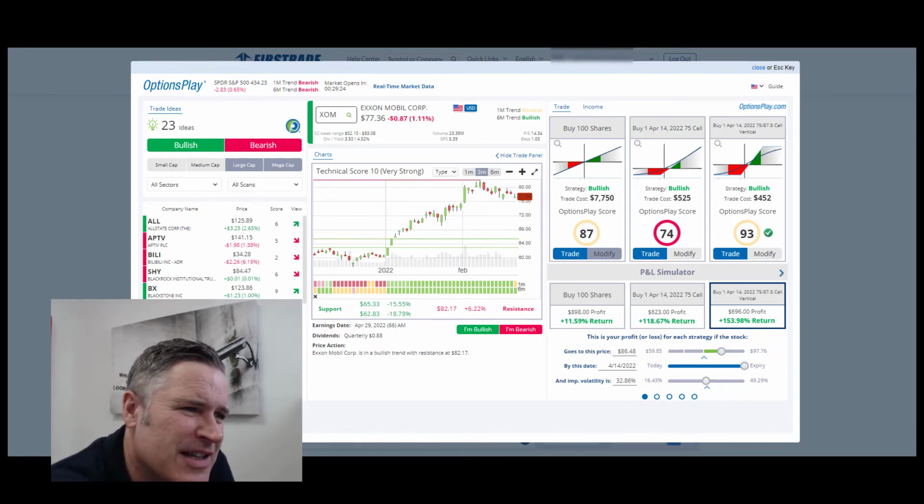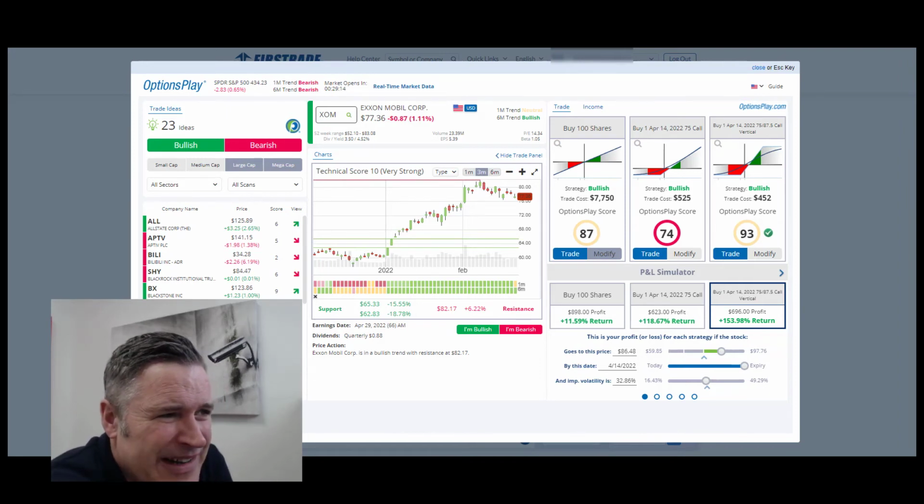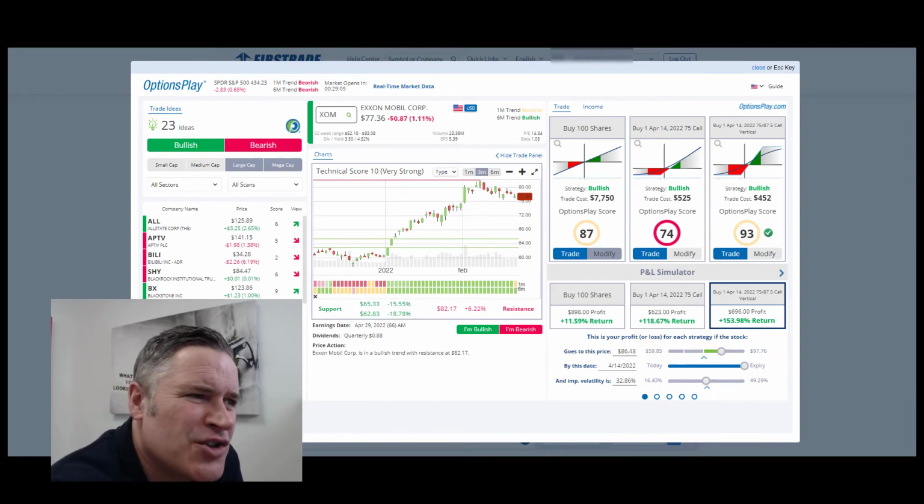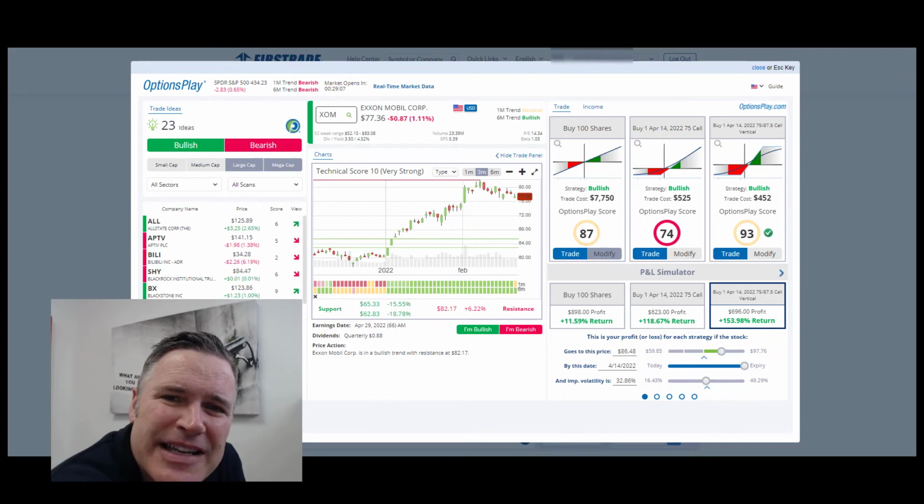Well, the first thing you could think of is, remember that term delta? Now, at the money means the price at which we are now, so that is a delta of half. So you could buy the at the money options, and you're basically buying the stock for half price essentially.